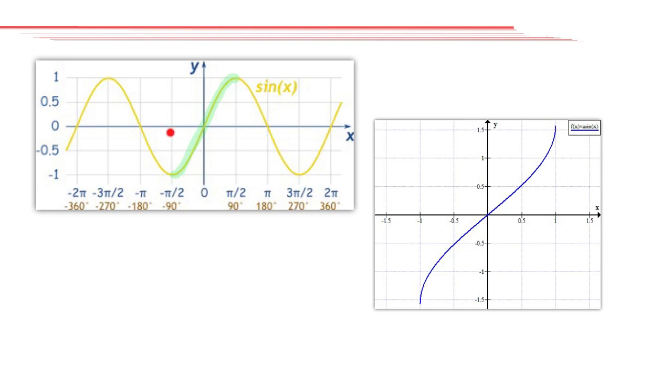Now, the restricted domain of this function was from negative pi over 2 to positive pi over 2, which means that the range of the inverse function, arcsine, should be between negative pi over 2, which is down here, and positive pi over 2. It goes from there to about there.